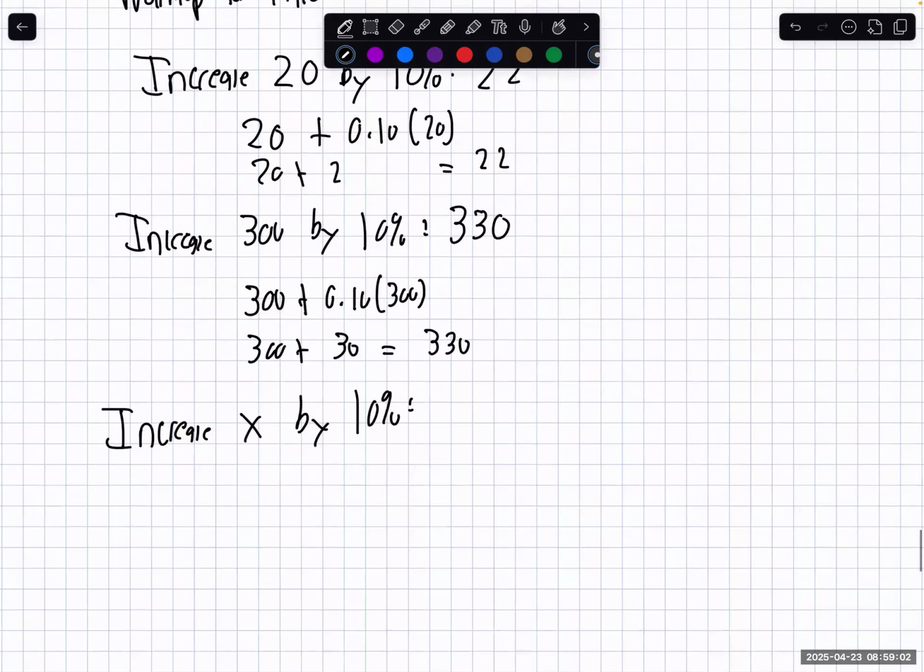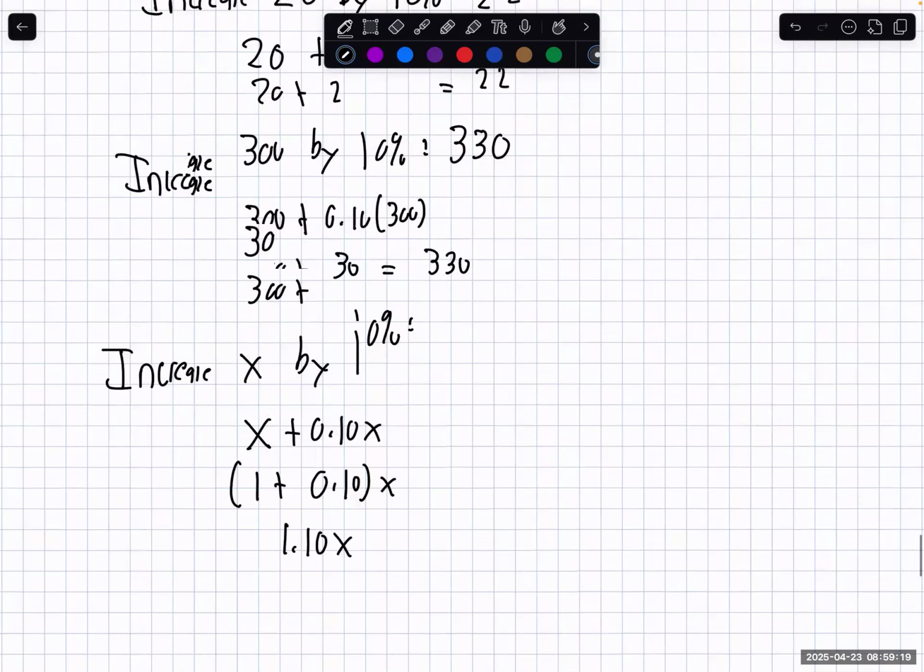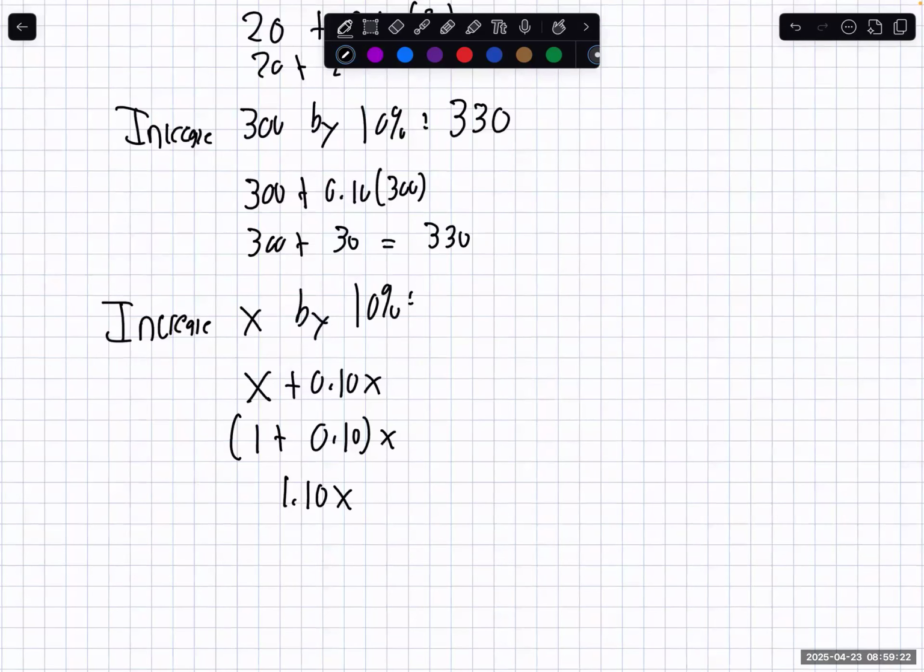So if I want to increase just some number x by 10%, I start with x and I add 10% of that. Then I can factor an x out of this and get 1.10x.